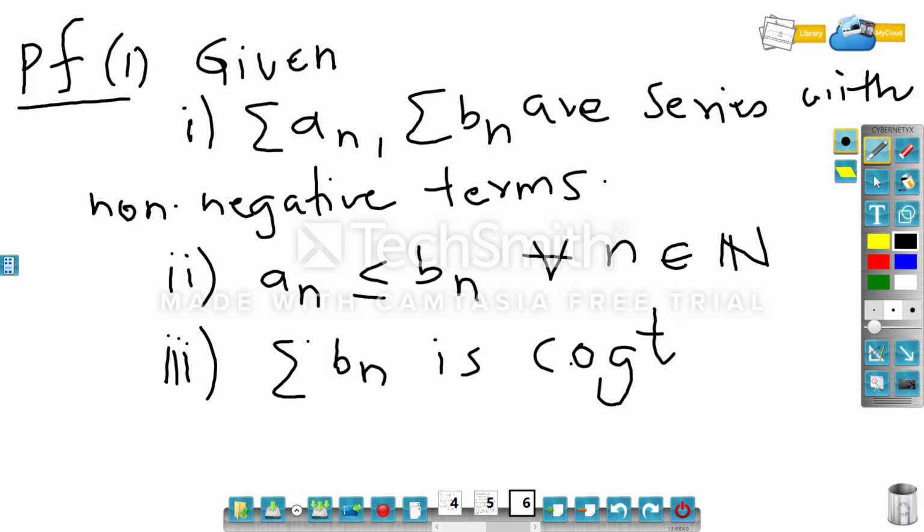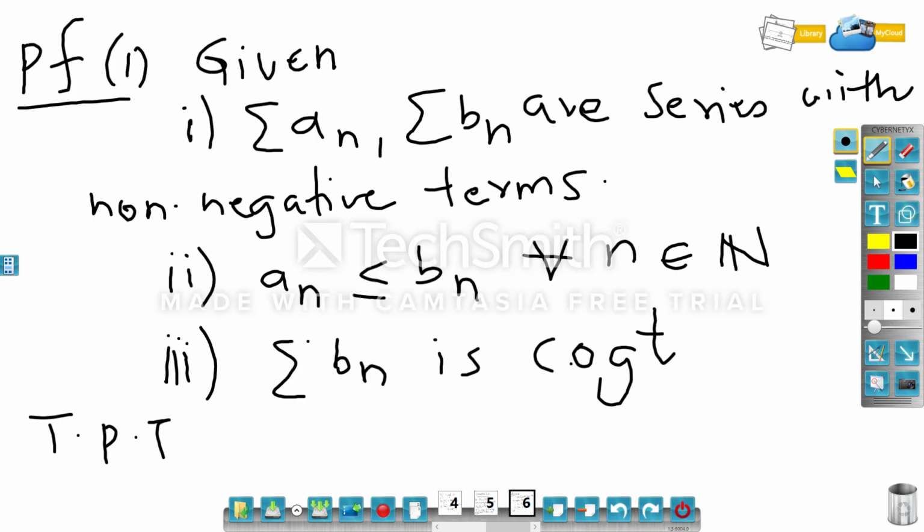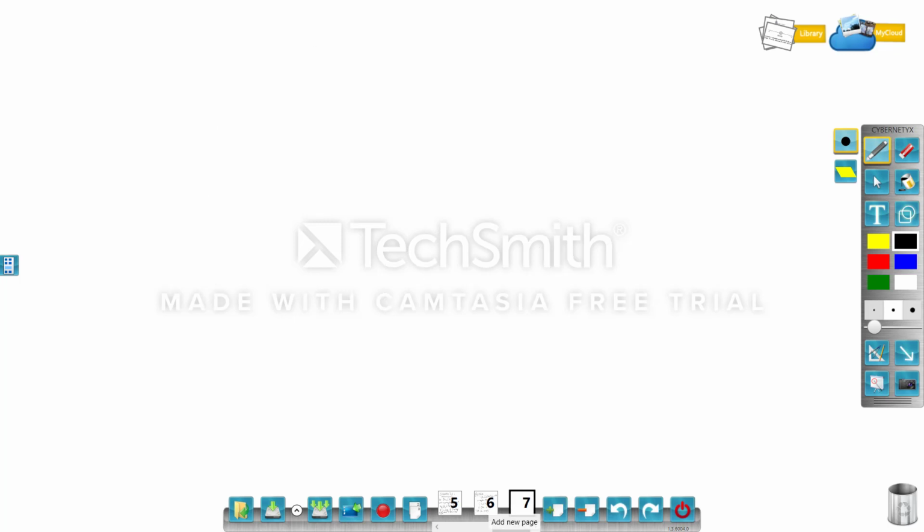That is important. If you go to the previous slide, we have to prove that series an is convergent if bn converges. So bn converges is given, and we have to prove that series an is convergent. We know that a series is convergent if its corresponding sequence of partial sums is convergent.